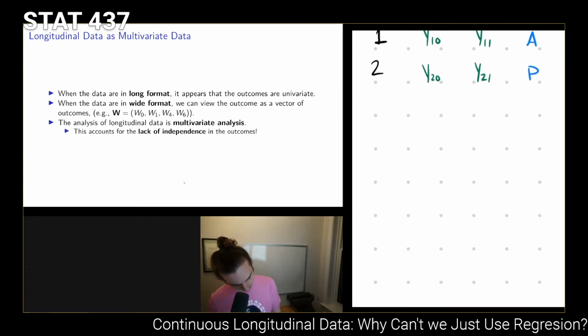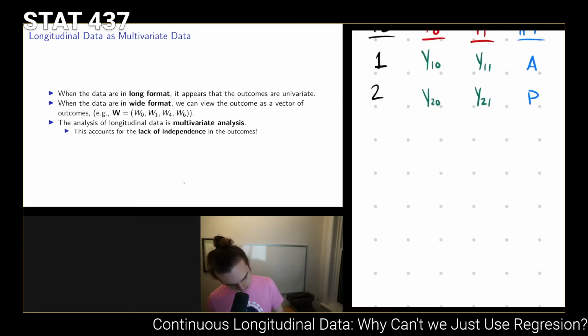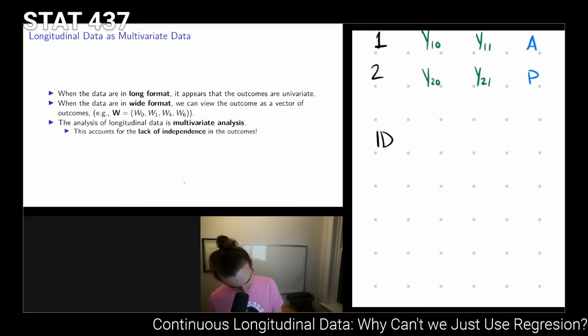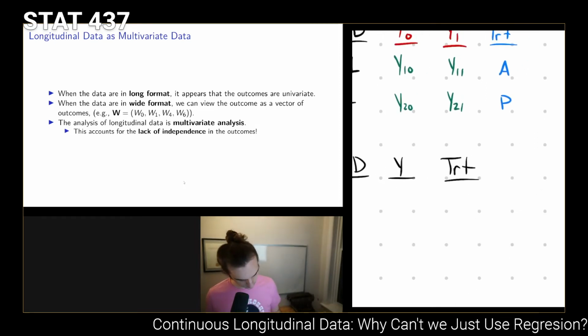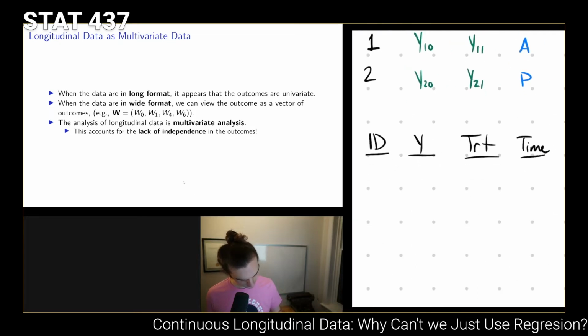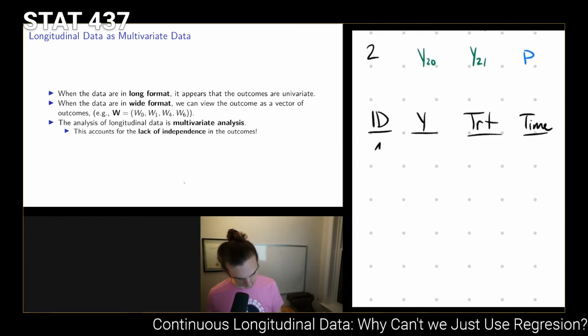So we're going to end up with a column for Y, let's say ID, Y, and treatment. Okay, and we also want to add in a time column as well. And so we'll have individual 1 at time 0, individual 1 at time 1, individual 2 at time 0, individual 2 at time 1.